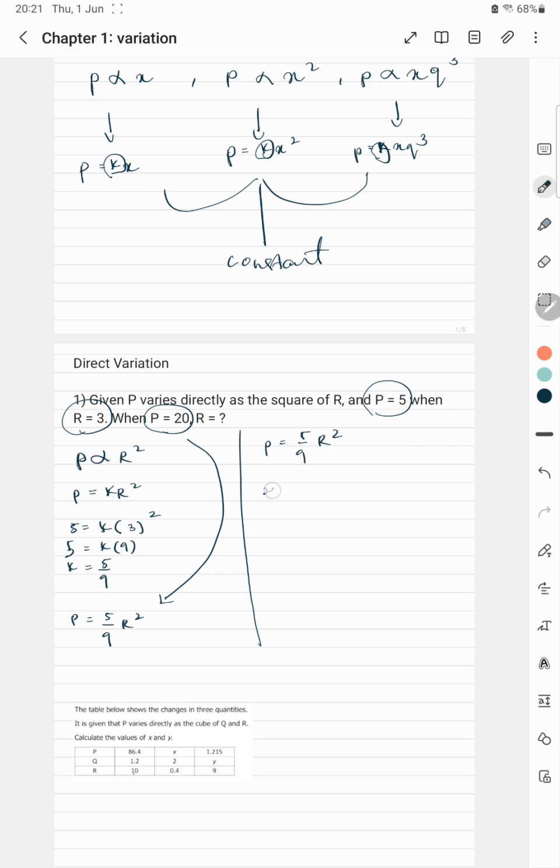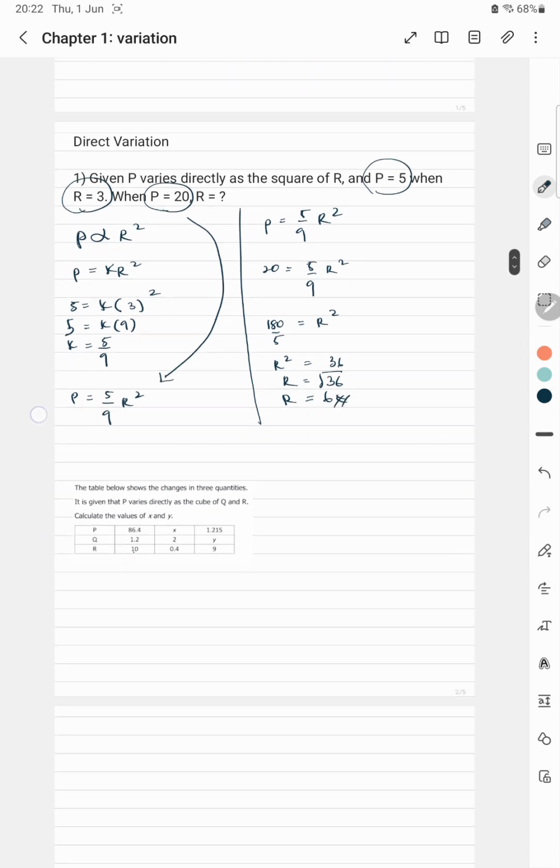So p, 20, equals 5 over 9 times r squared. Then do the calculation for r squared. So now we can get our r value. Our r value is 6.